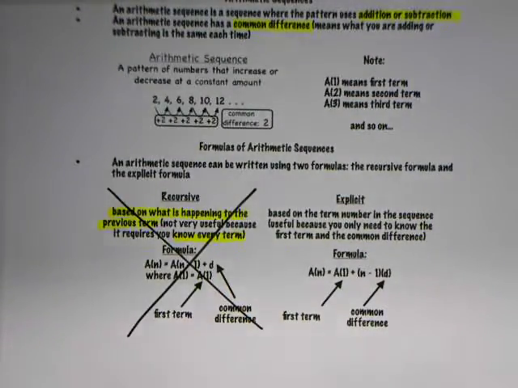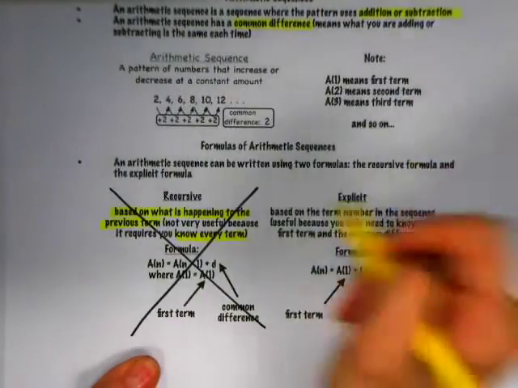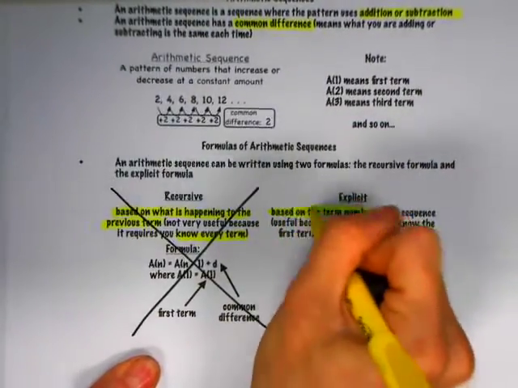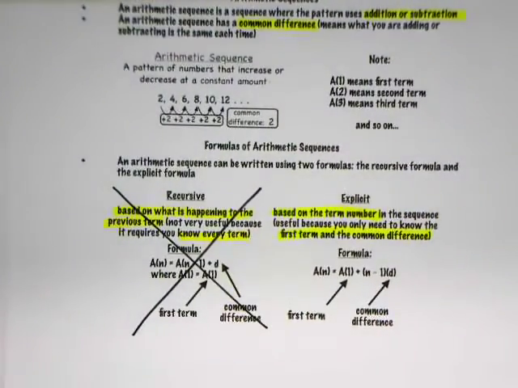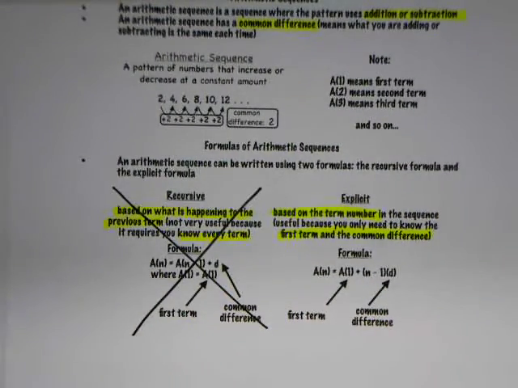The explicit formula is based on the term number, and that just requires we know the first term and the common difference. So we just need to know what number comes first and what the pattern is, and then we can find whatever term we want. That is the one that we're going to be using, okay? So you're going to plug in 2 things to this.